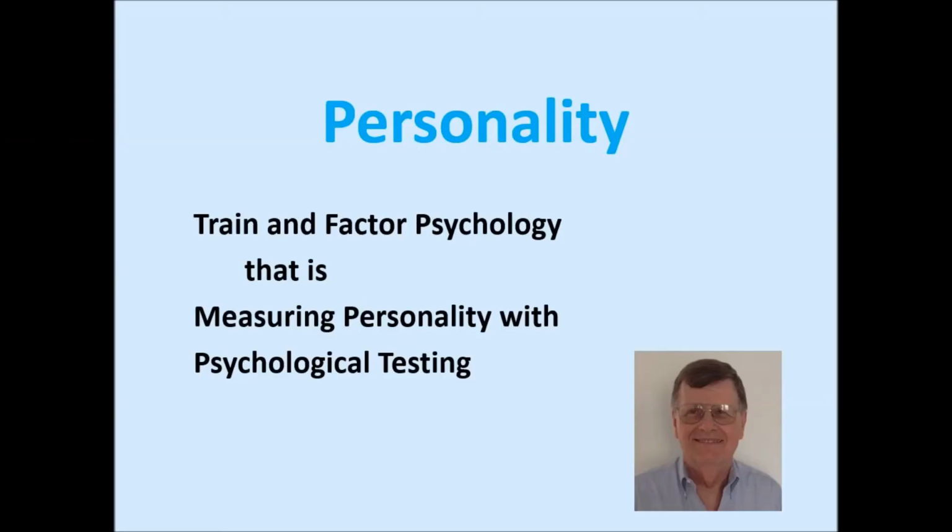By way of review then, in this particular video we've taken a look at the trait and factor approach to psychology. It has to do with identifying and measuring those bits of personality which are present in a person, those bits being called typically traits, sometimes factors. We said that the big 5 factors are, if we think about the word ocean, openness to experience, conscientiousness, extroversion, agreeableness, and neuroticism.